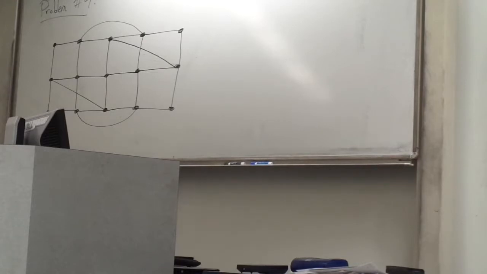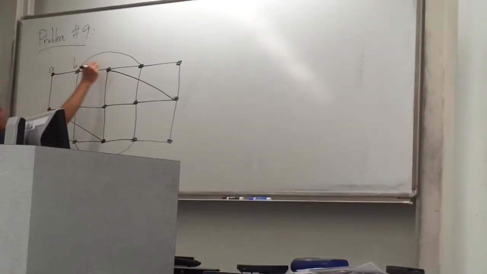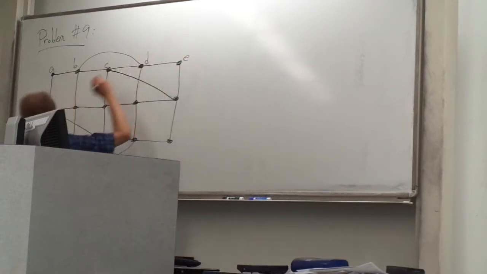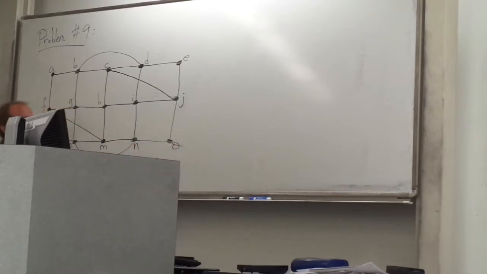Okay, that's the whole graph. Let me label the vertices. A, B, C, D, E, F, G, H, I, J, K, L, M, N, O.